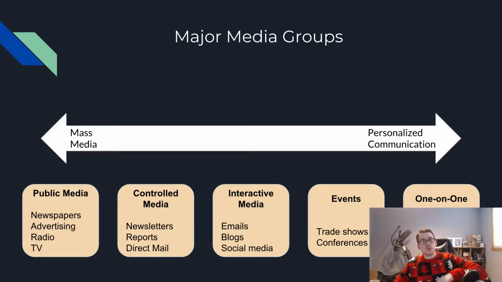We maybe even use controlled media like creating a newsletter, providing direct mail. We might even promote things on social media, make it a sponsored advertisement to get us to the one-on-one personalized communication. So if I want somebody to come to a conference, who is that person? Why would they want to go there? And how do I reach them? And so oftentimes we look at mass media as a tool to accomplish personalized communication.